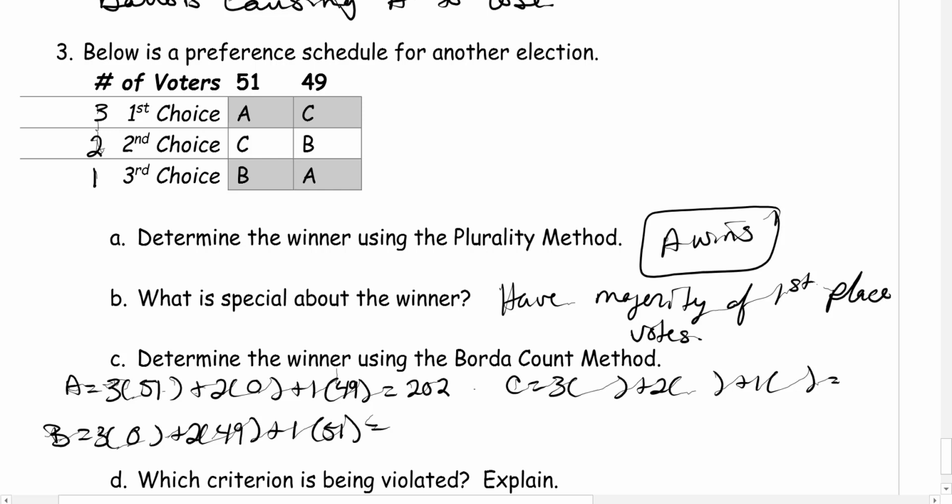So 2 times 49 plus 51 gives us 149. And then candidate C has 49 first place votes and 51 second place votes and 0 last place votes. So 3 times 49 plus 2 times 51, and that gives us a total of 249. And so C wins.